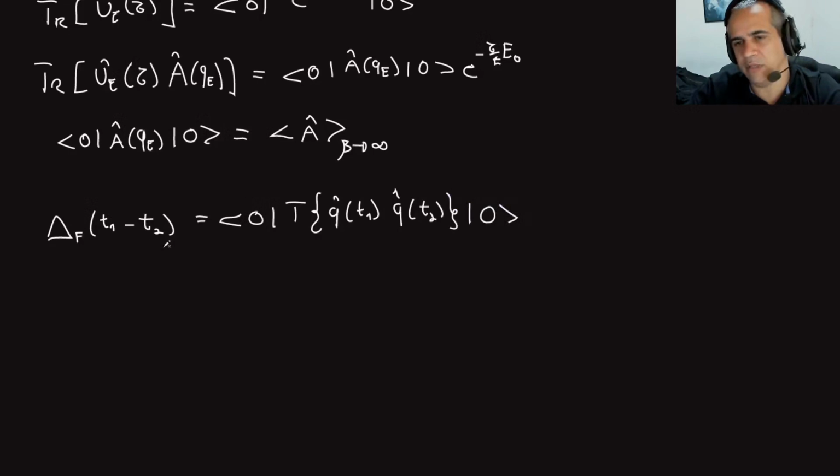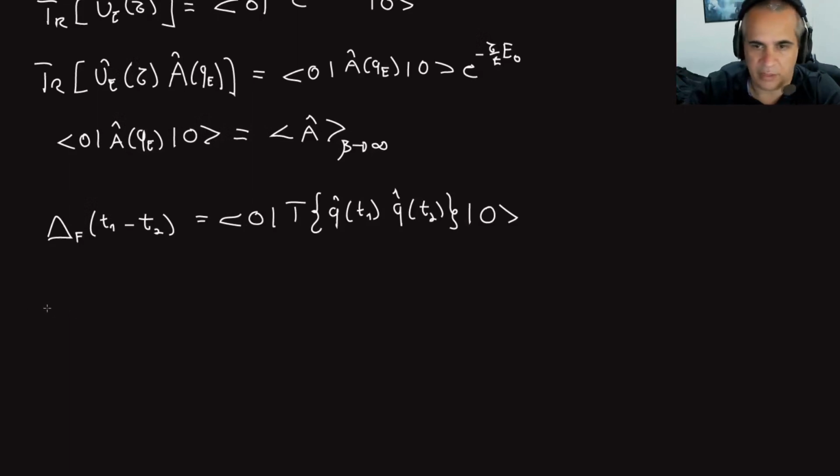I actually didn't prove that this guy is the same as this, but let's suppose I'm calculating this guy on the right, for now, which we know is the 2-point function that I defined clearly. This is in Minkowski space. Let's see what happens if I rotate.